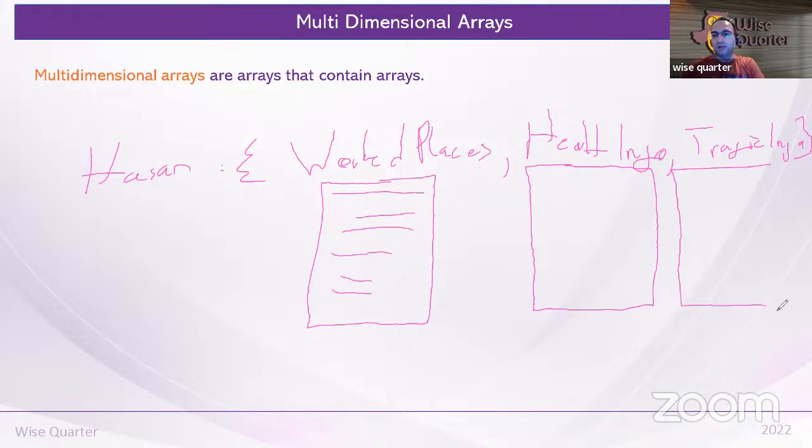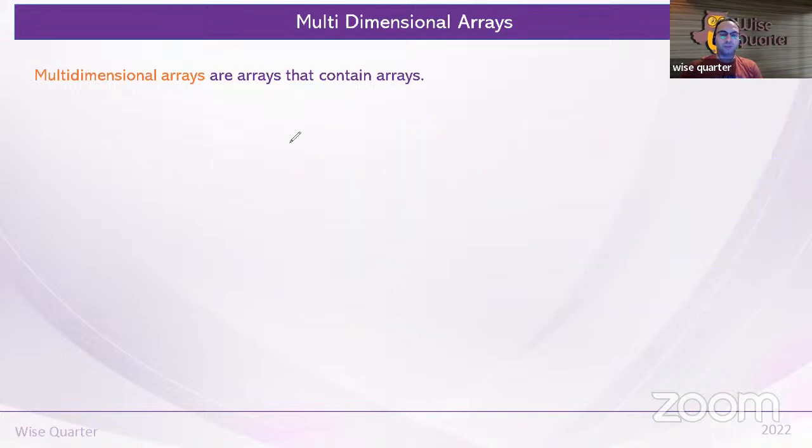Traffic info will store the cars he has, I'm not sure, the bills and other things. As you can see, if you want to create this kind of data type, you should use multidimensional arrays.